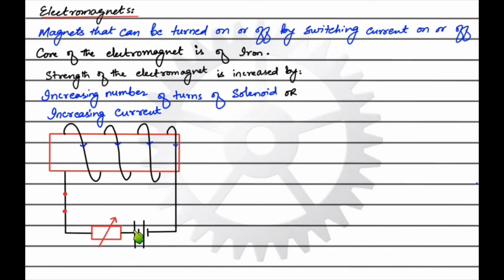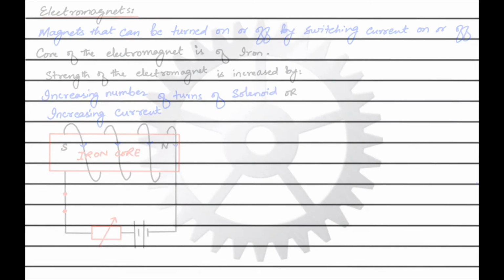If this is positive and this is negative, the current will be flowing from positive to negative, and the direction of current in the solenoid is represented by these blue arrows. So if you place curl of your fingers in the direction of conventional current, then the thumb will tell you the magnetic north. In this case, the north is towards right and the south pole is towards left.